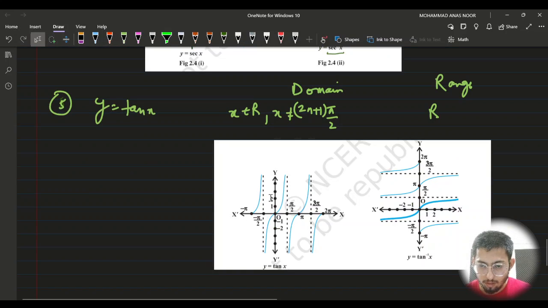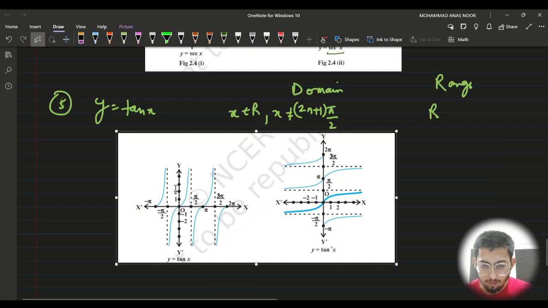So you cannot take any value which is an odd multiple of pi by 2, because that would make it undefined, right? That's why we took x cannot be equal to odd multiples of pi by 2, and the range is real numbers. You can see it can take any value for y. That's why it's the real numbers.